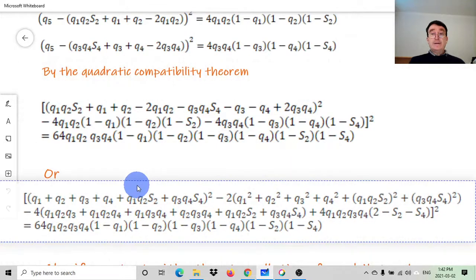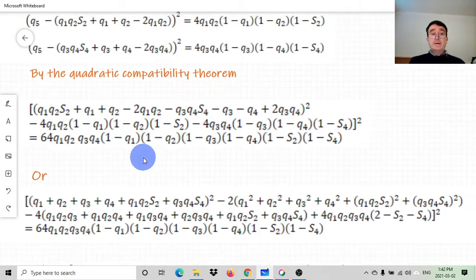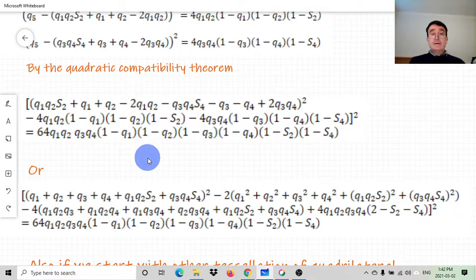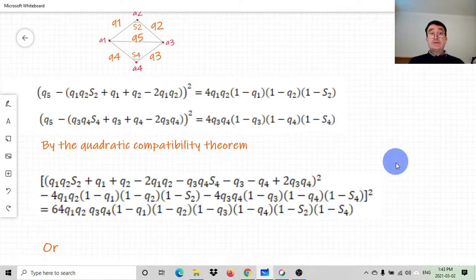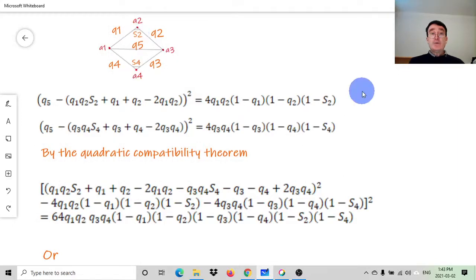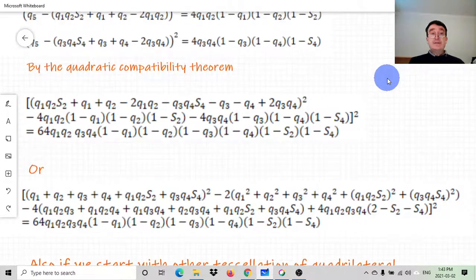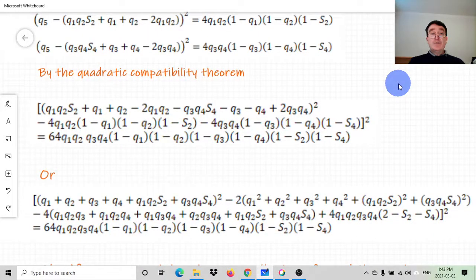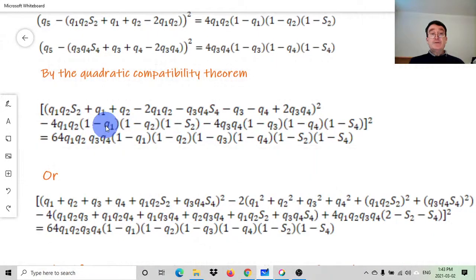And so here's the projective double cross law. And down here is the symmetric form of the projective double cross law. I will point out that when you set the spreads S2 and S4 to 0, then the projective double cross law simplifies to the projective quadruple quad formula.